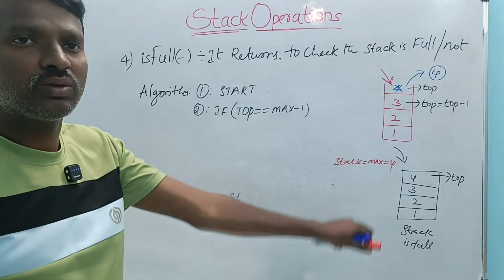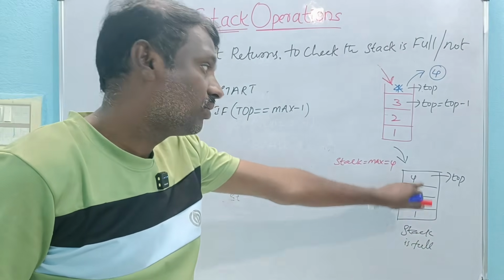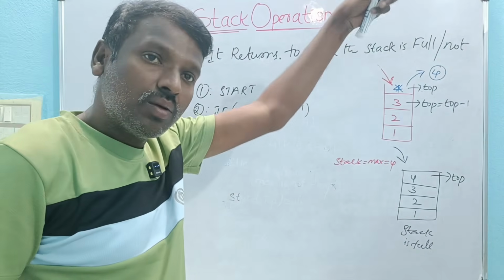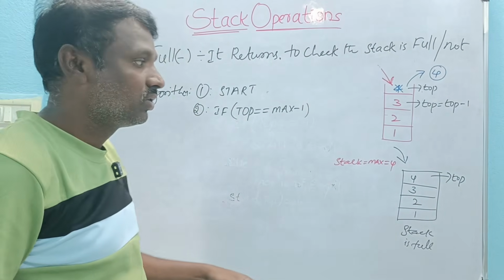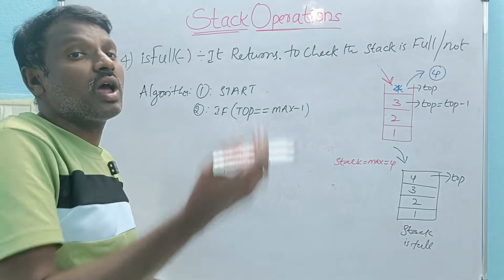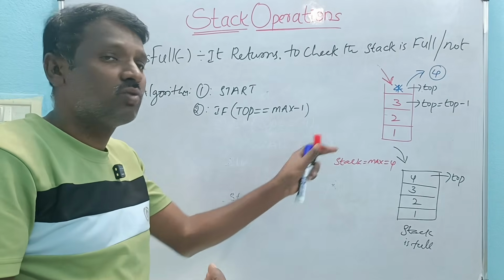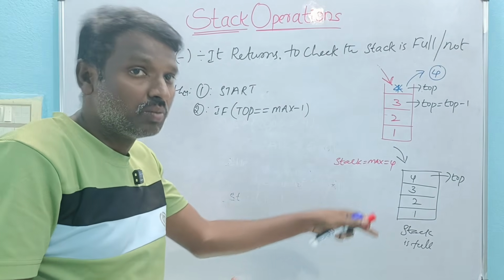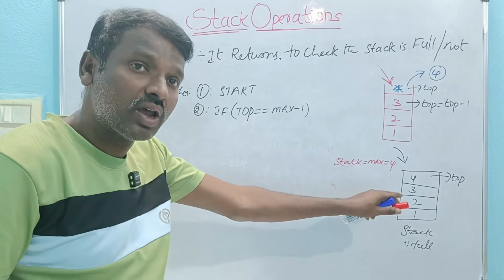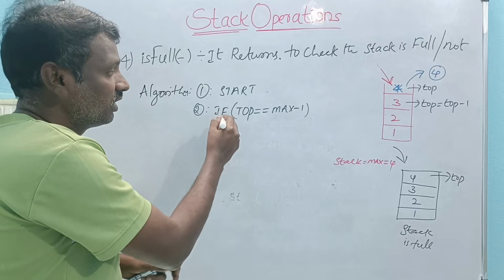How many elements is the maximum size of that stack? 4 only. So already 4 elements are stored, and at that time the top element will be available at the top of the stack. If at that time we try to insert an element, the stack is overflowing. Already the stack is full, but the user tries to insert an element in that full stack. Stack is overflowing. So that's why we are writing that condition here.